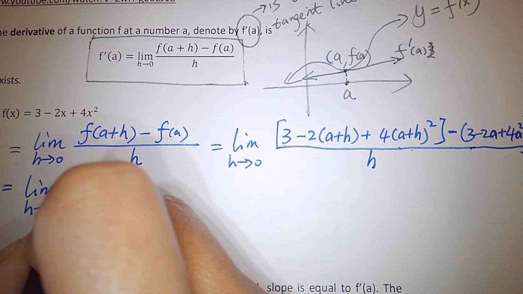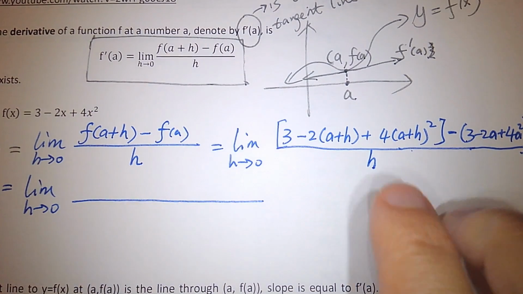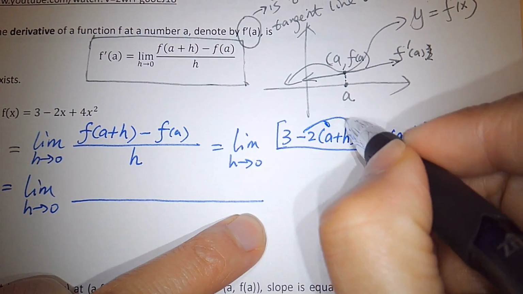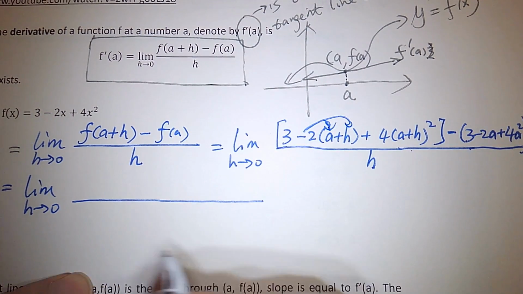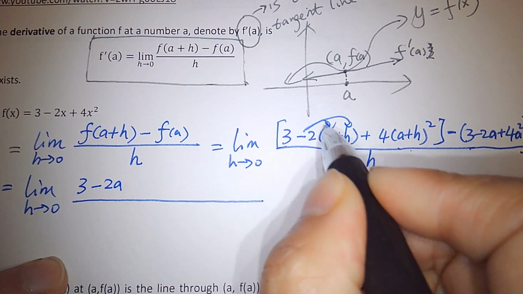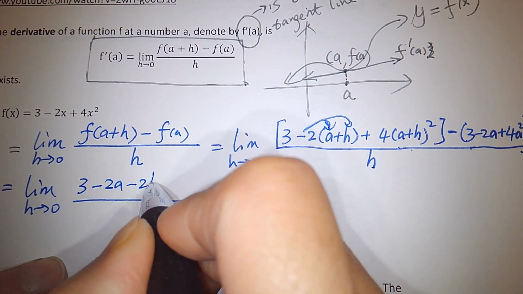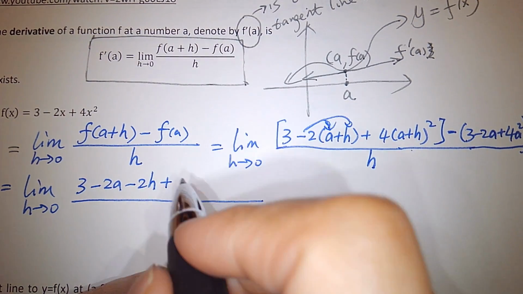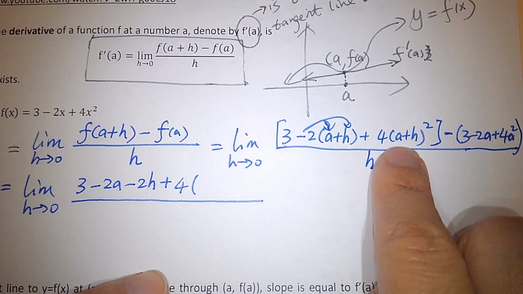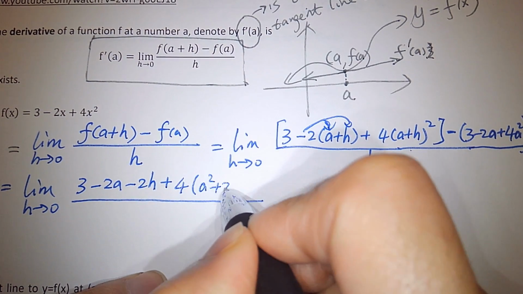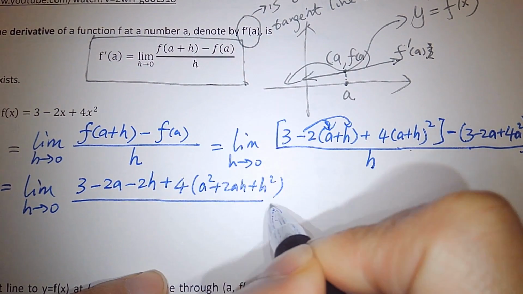When h approaches 0, on the top, what do we have? Careful. Let's expand: 3 minus 2a minus 2h. And then here it's going to be 4 times the complete square formula, right? a plus h squared gives us a squared plus 2ah plus h squared.